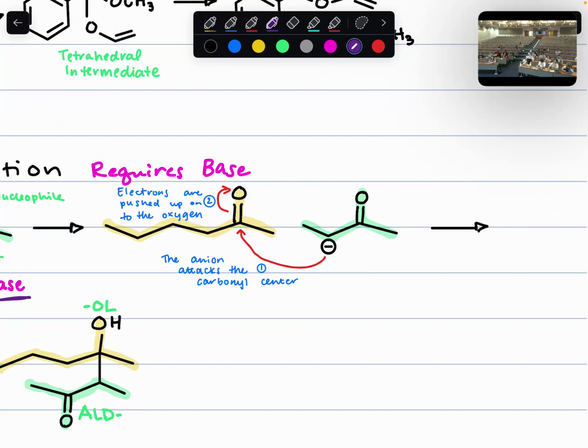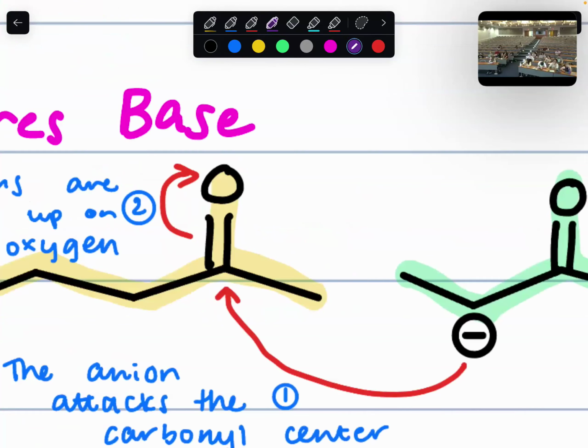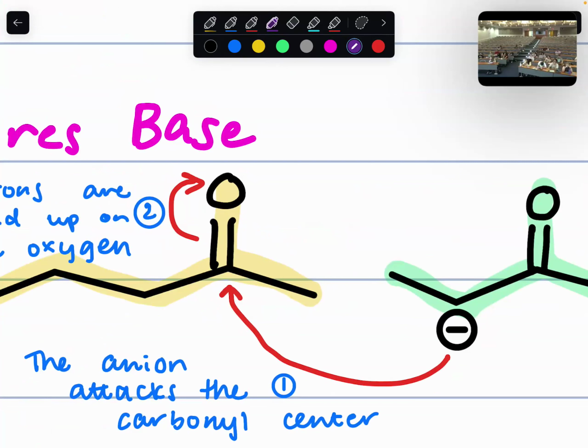Between oxygen and carbon, what is more electronegative? Oxygen. So when we see a site like this, we have to remember our partial charges. Because the difference in electronegativity is so great, the oxygen will have a half negative charge, and the carbon will have a half positive charge, meaning it's electrophilic.